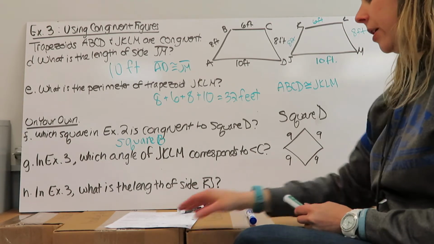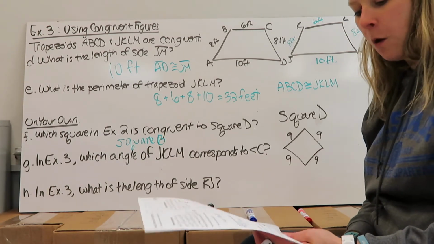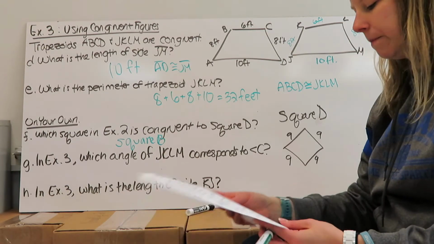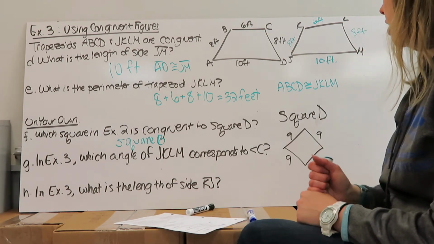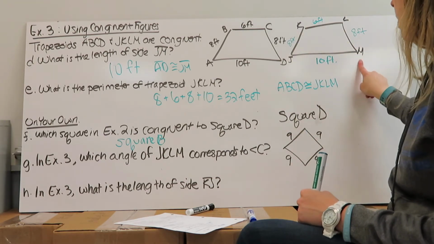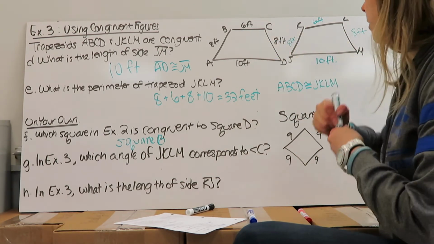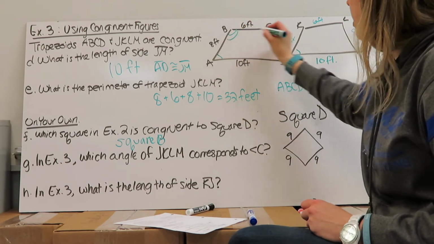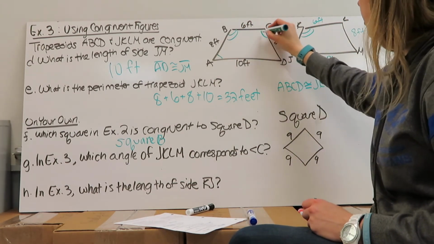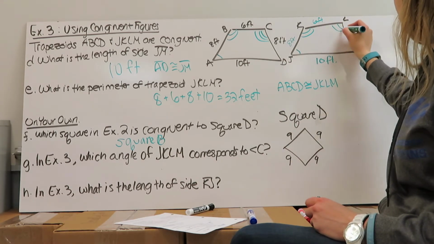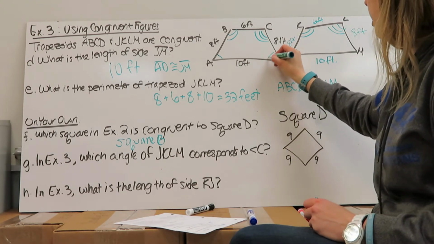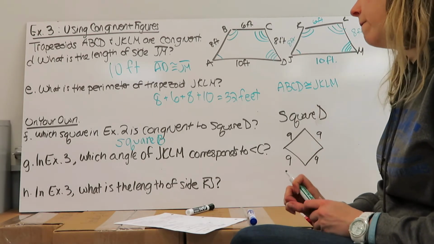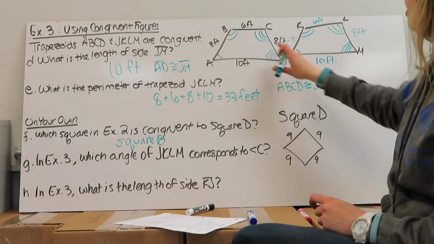All right, letter G. In example 3, which angle of JKLM corresponds to angle C? Well, I know that A and J, B, K, C, L, D, and M. So with that information, what corresponds to angle C?